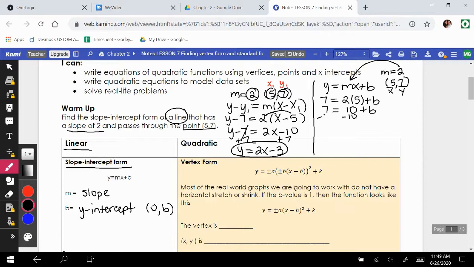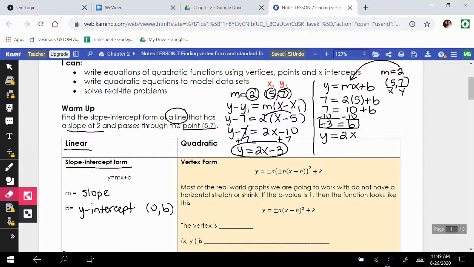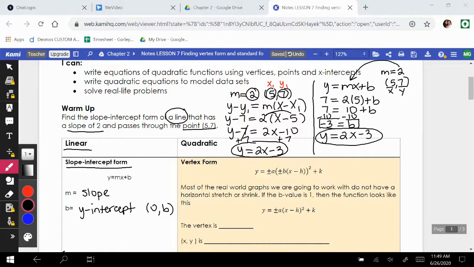If I subtract 10 on both sides, I get that b is negative 3. And so now when I rewrite my original form, remember m was 2, and then we just got that b was equal to negative 3. So instead of mx plus b, I would write 2x minus 3. You can see how I get the same answer either way I go about that problem.